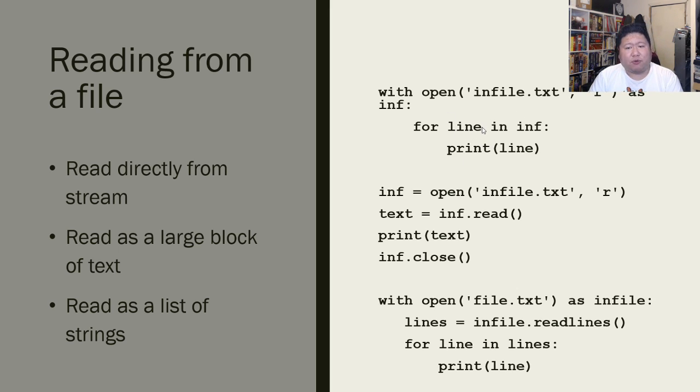If you don't need to do any additional processing, you want to just look at the lines inside a file, or do stuff to the lines without any additional work, you can just read it in like this. Open the file, save it somewhere, and then just do for line in whatever the file is, print out the line or do whatever you want to do to it. All right, so that's reading directly from the stream.